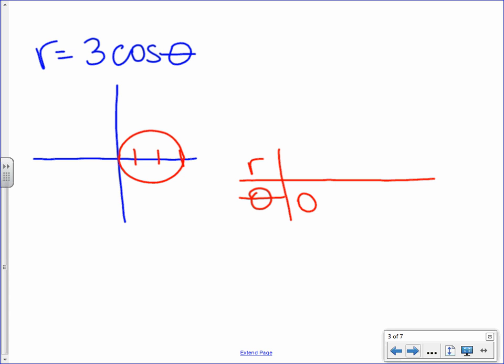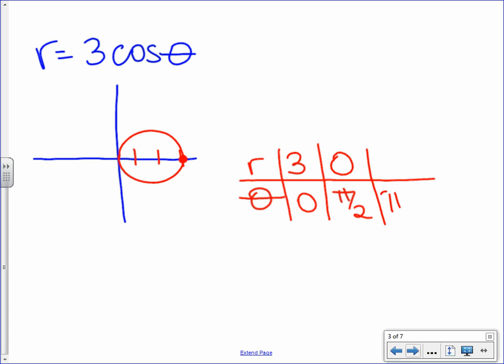When theta is 0, what is R? What's the cosine of 0? 1. So R would be 3, which means we are beginning here at 0, 3. At pi over 2? 0.